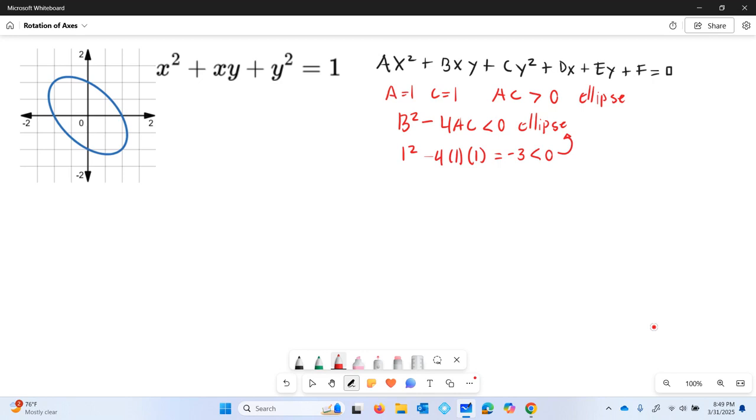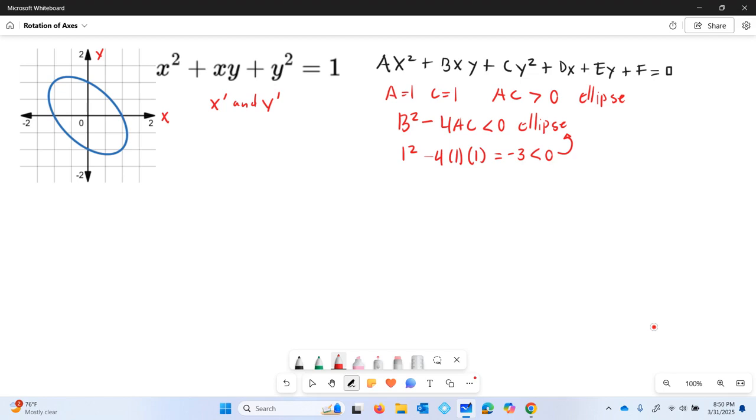Now, the way that we would determine what this looks like in a different coordinate system, because we're used to the x and y plane, like that's x, that's y. But if we look at it carefully, we can see that perhaps there's a different coordinate system built upon x prime and y prime. For this, we need the angle we would rotate by, and what x and y would be equal to.